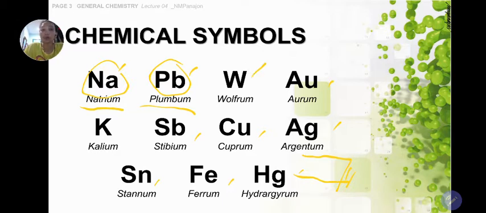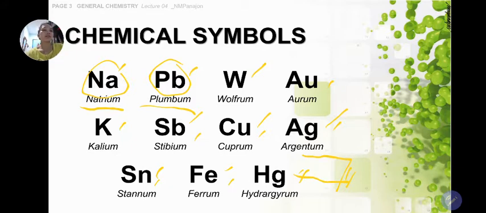Au for gold. K for potassium. Sb for antimony. Cu for copper. Ag for silver. Sn for tin. Fe for iron, and Hg for mercury. So, those are your chemical symbols which can be found on your periodic table of elements.